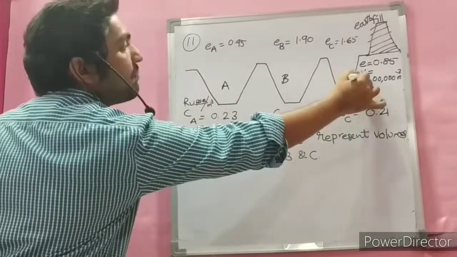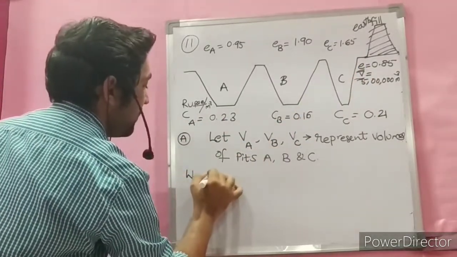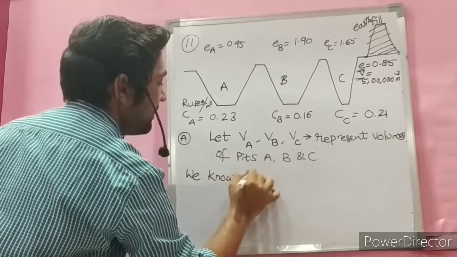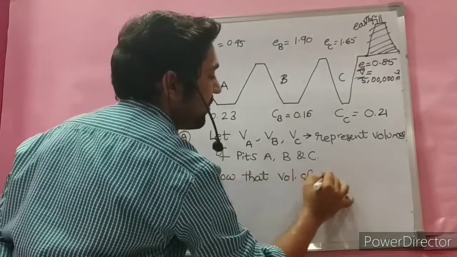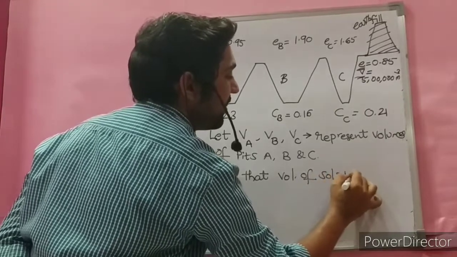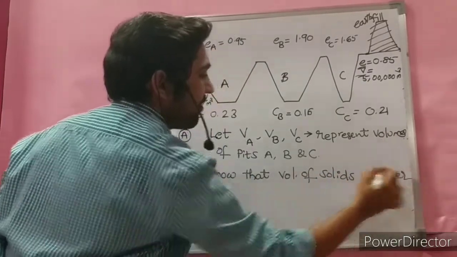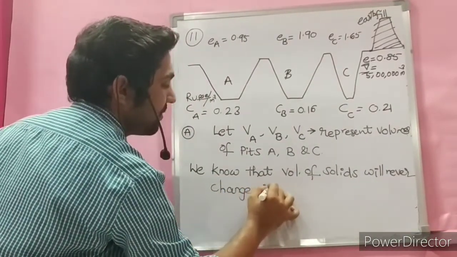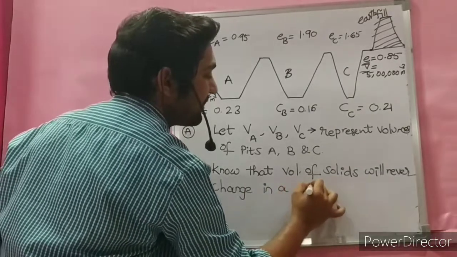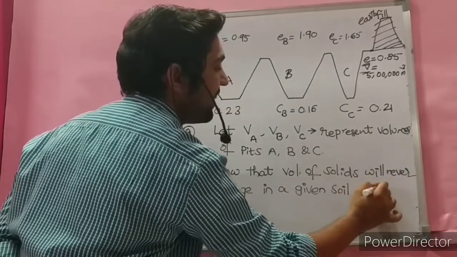So already it is represented by V and e. We know that the volume of solids will never change in a given soil mass. This is the concept. Volume of solids will remain the same.